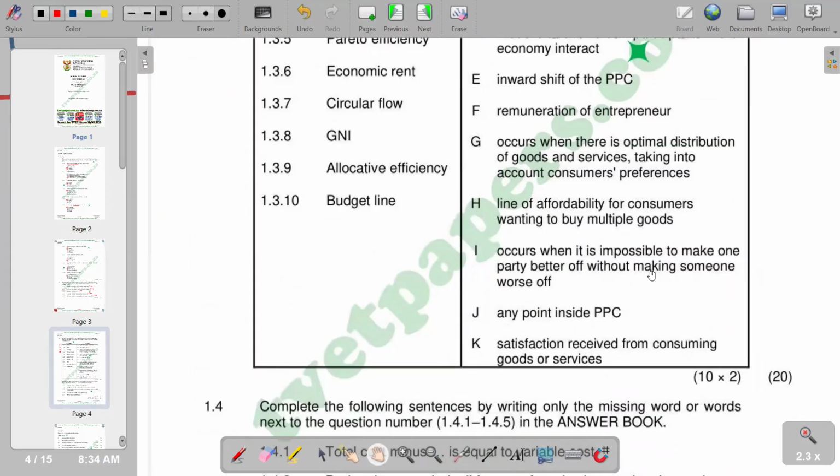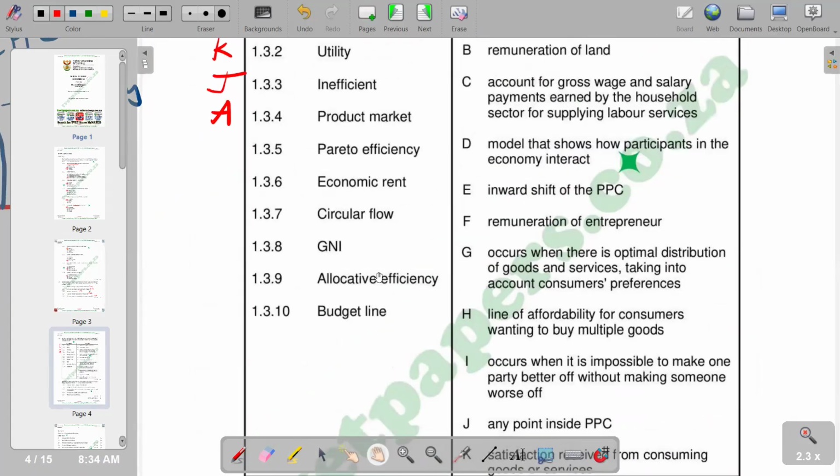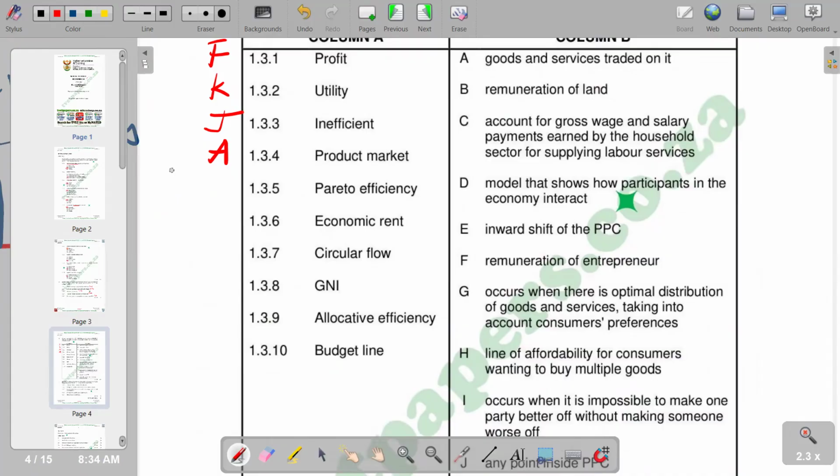I, occurs when it is impossible to make one party better off without making someone worse off. So that's Pareto efficiency, I. Then economic rent, which is the most appropriate remuneration of land. So we have B.